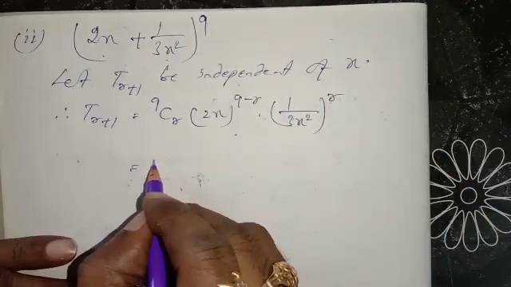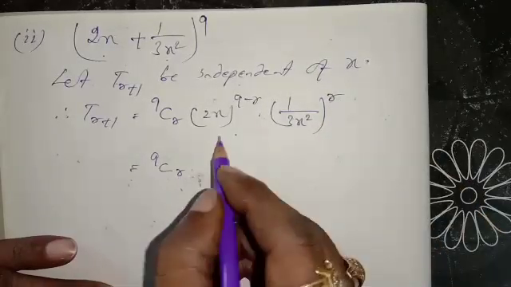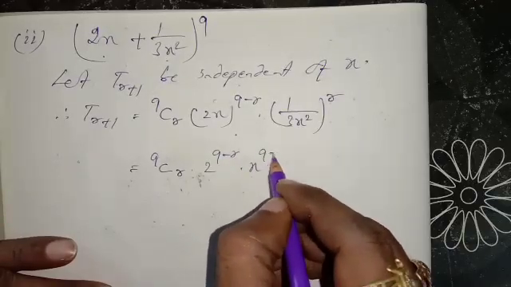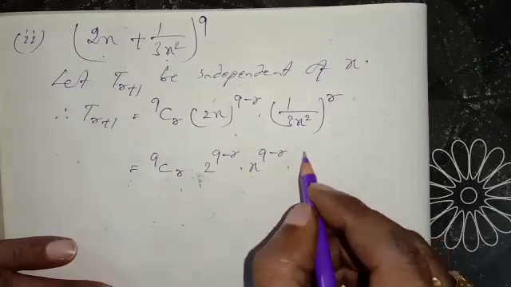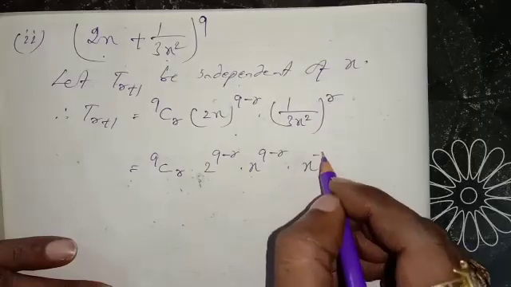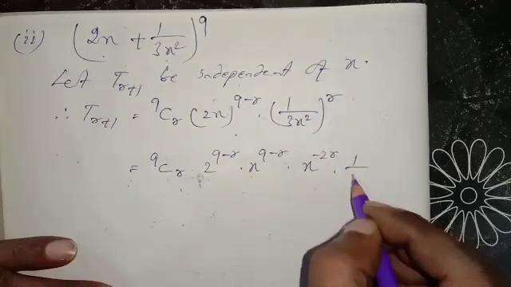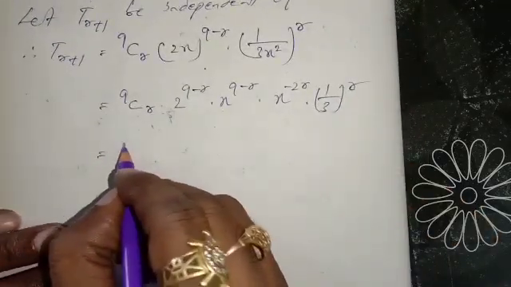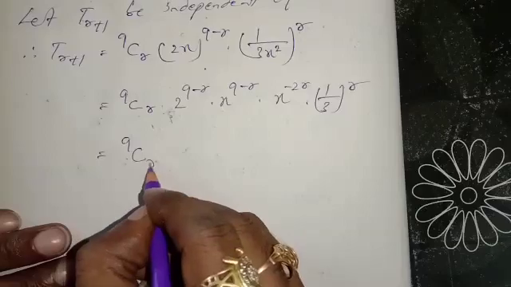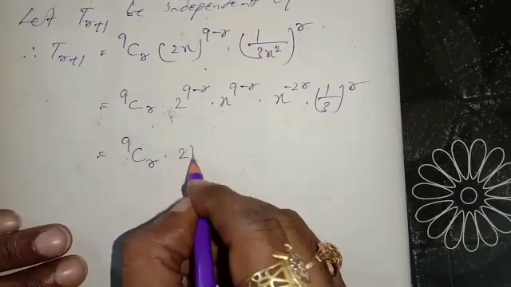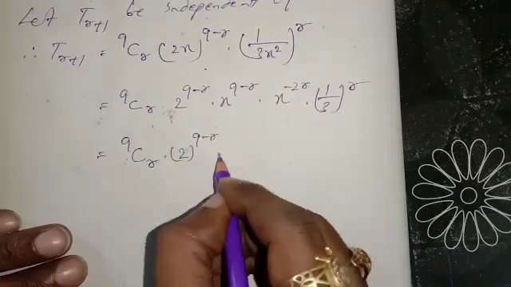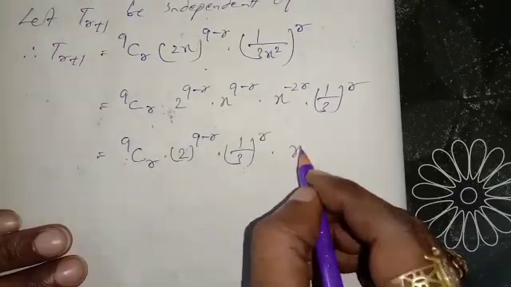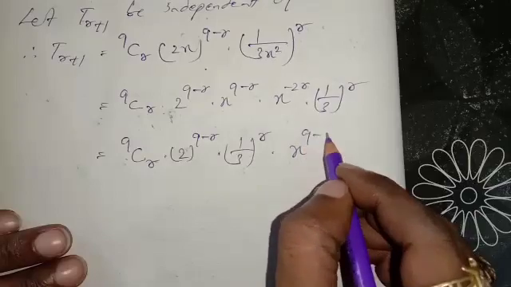This will be 9Cr 2^(9−r) x^(9−r), and x^(−2r) and (1/3)^r. Just arrange it: 9Cr 2^(9−r) (1/3)^r, and this will be x to the power 9 minus 3r.